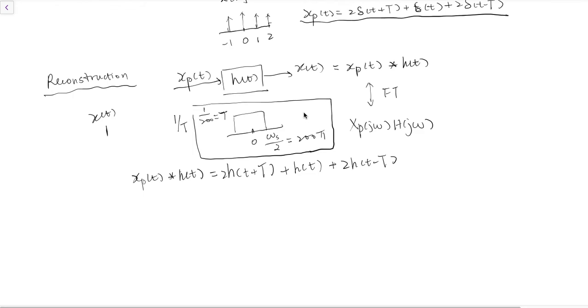So we find our h(t) expression is 1 over 200, this is the T magnitude, times sin(200 pi t) over pi t.